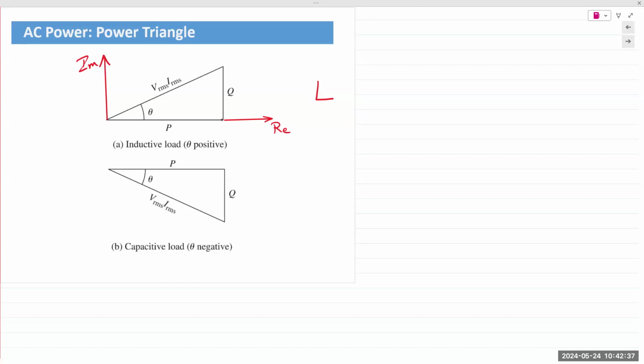So the reactive power for an inductor is pointing straight up, and for a capacitor, it is pointing straight down. This is QL, PL, theta L. This is PC, QC, and theta C.